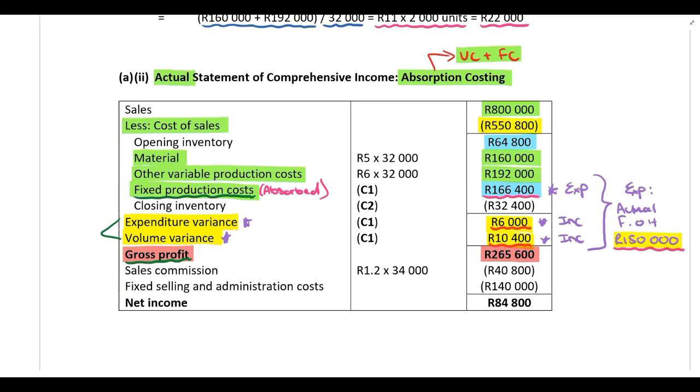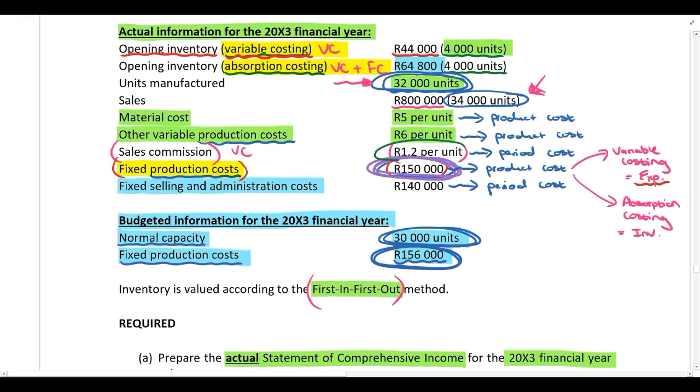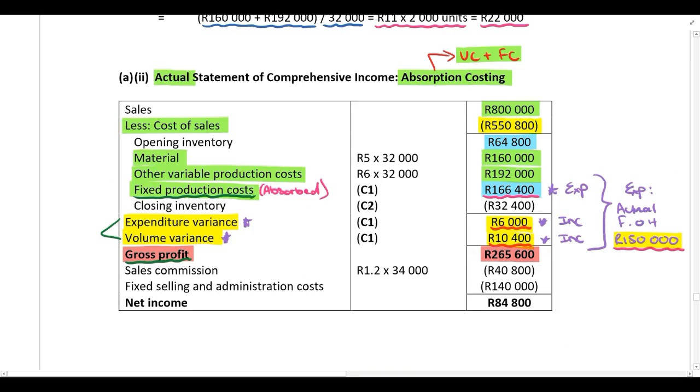So all of our period costs. Remember, we had sales commission in this question of R1.20 per unit. Please remember to multiply by the number of units sold and not the number of units produced. And we have fixed selling and admin costs of R140,000. So you can then complete your absorption costing statement.